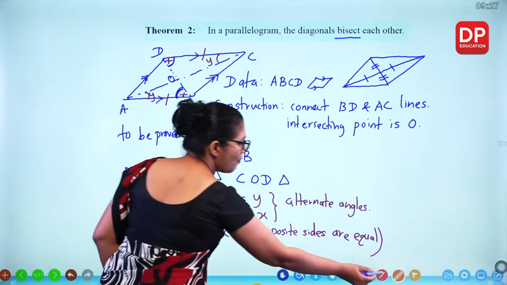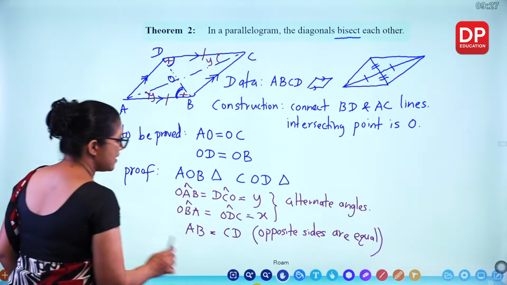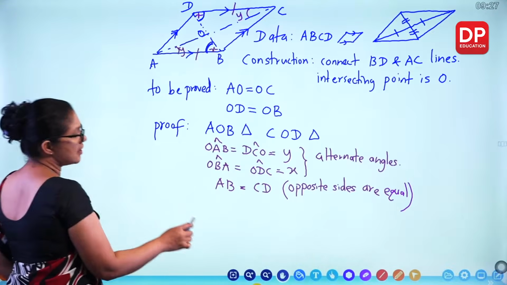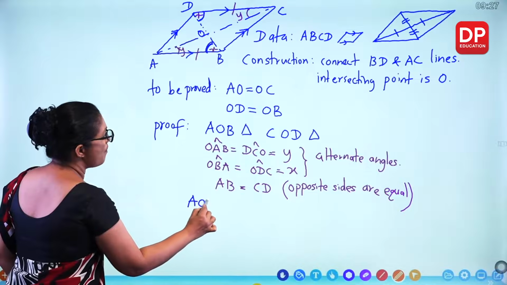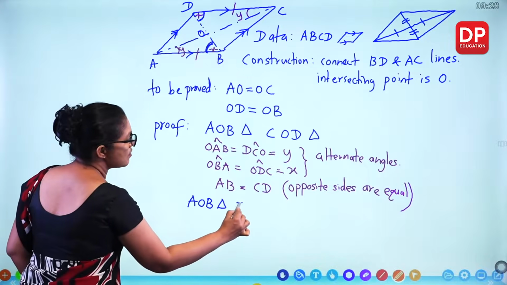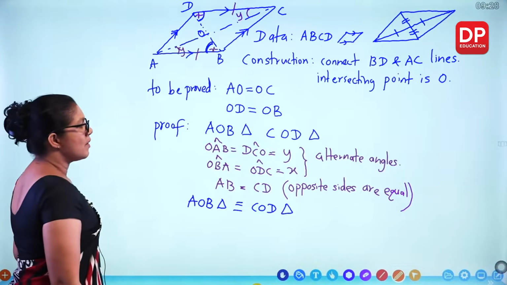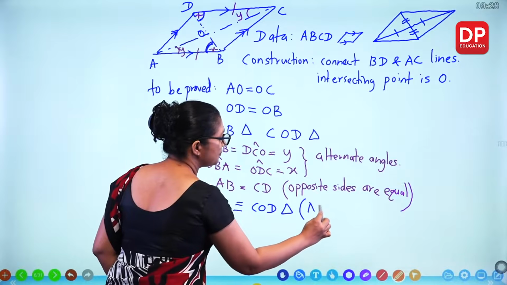Now, what can we say about these two triangles? These two triangles are congruent. I can say AOB triangle is congruent to COD triangle. What's the situation? Angle, angle, side.